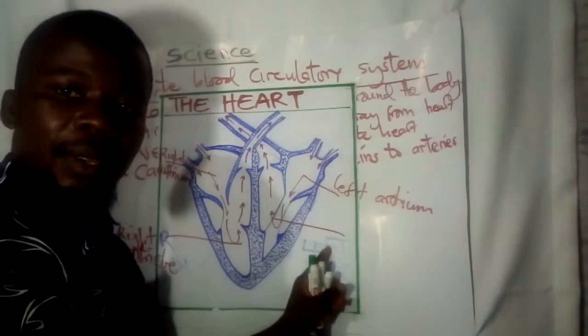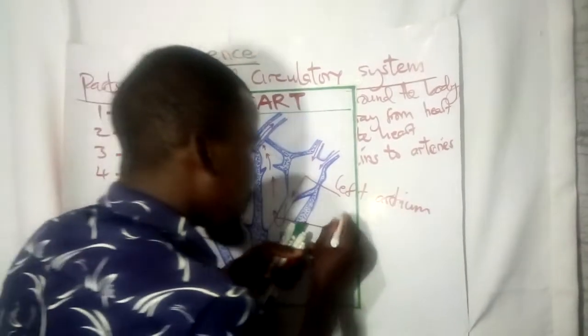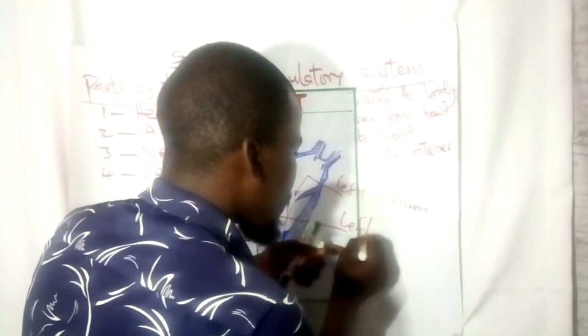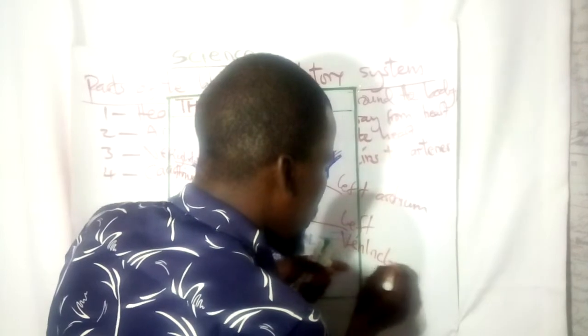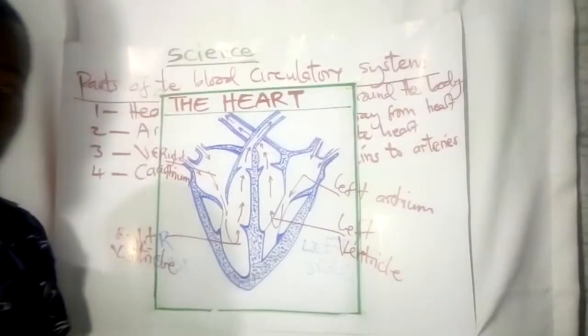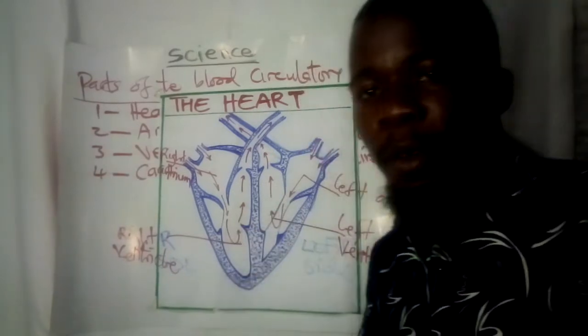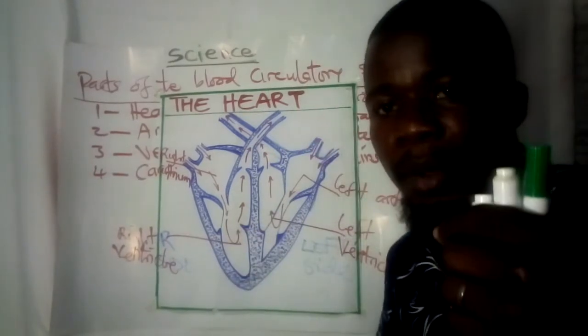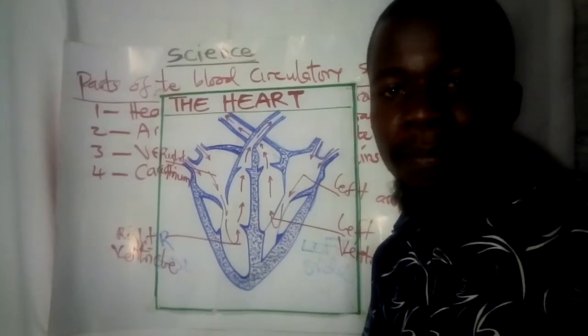What about this one? Left ventricle. Excellent. So we have labeled the 4 chambers of the heart.